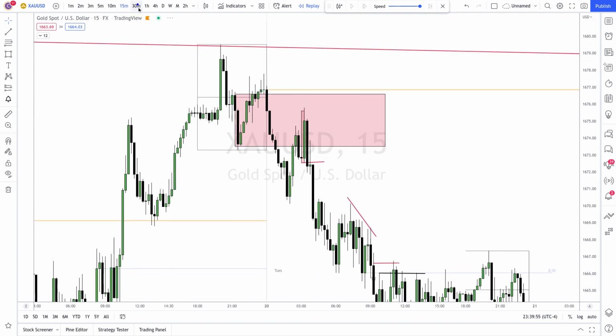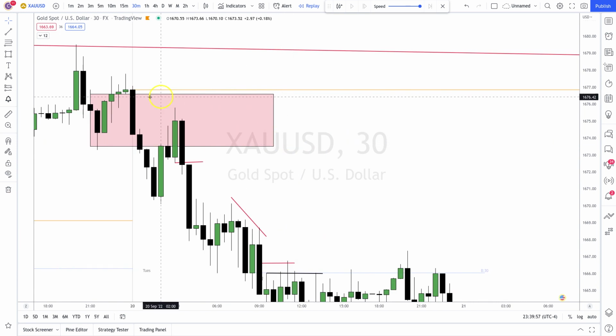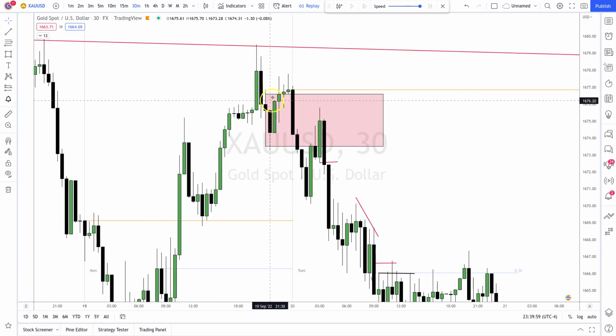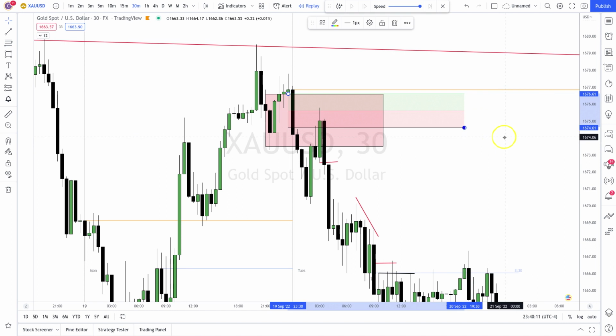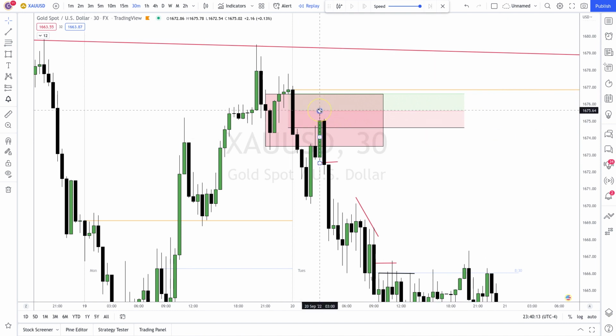And then we form another true ICTOB right here. Price displaces far beyond this point, so at this point this becomes a failure swing. Boom. And then where's price trading to? 50% of this order block. See that? Bingo. Entry is right at 3 a.m.